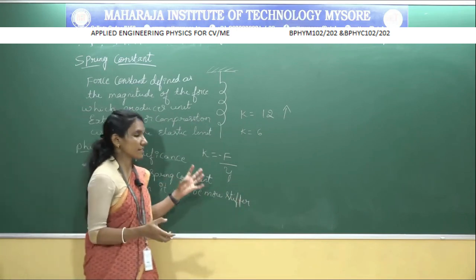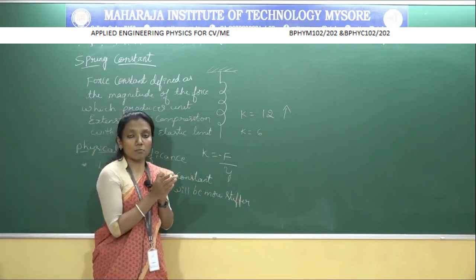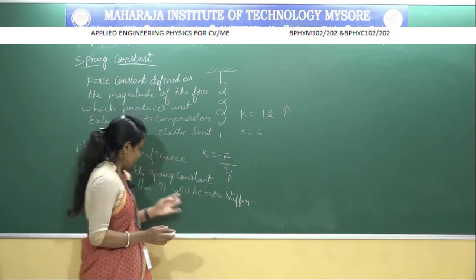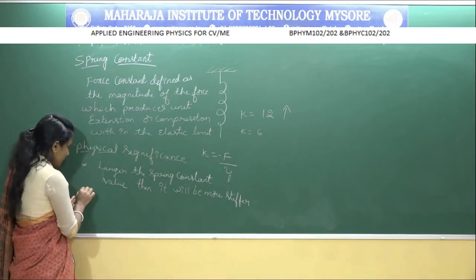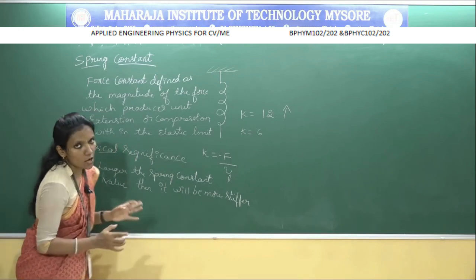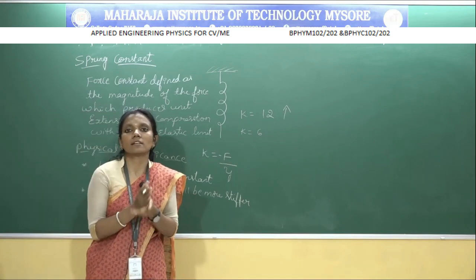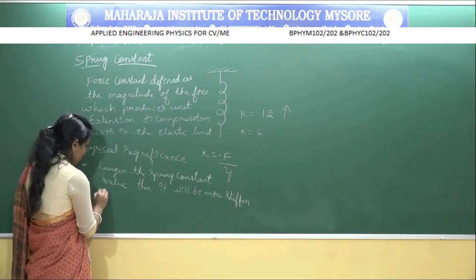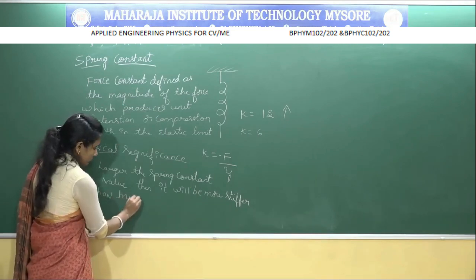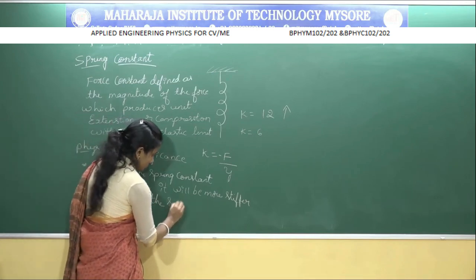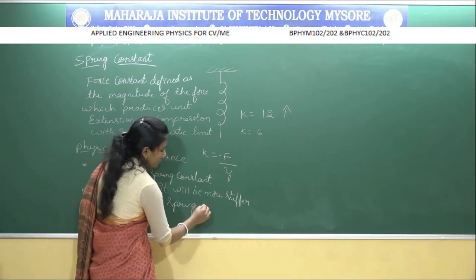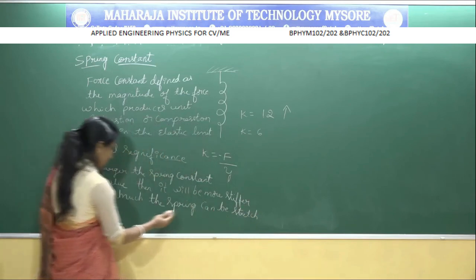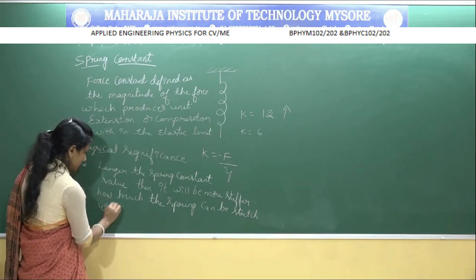It is widely used in automobiles. It tells how much we can elongate or compress the spring, how much the spring can be stretched within the elastic limit.